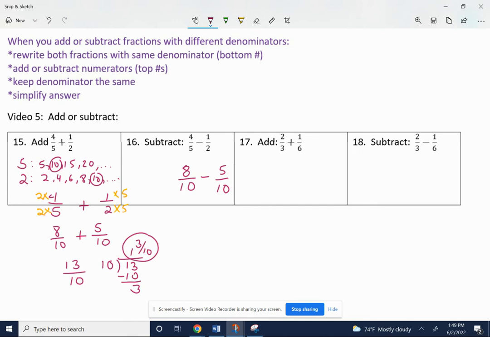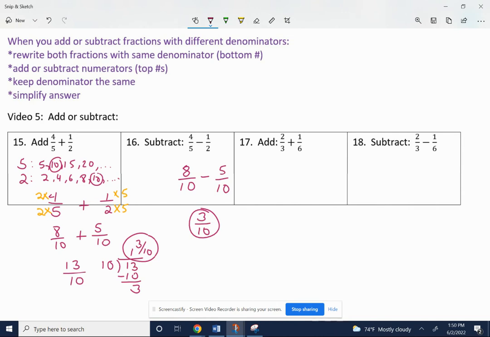So now just take 8 minus 5, which is 3. Keep the denominator of 10: 3/10. You can't reduce that. Try the next two problems on your own. Please pause the video, try the next two problems on your own, then unpause the video and check.